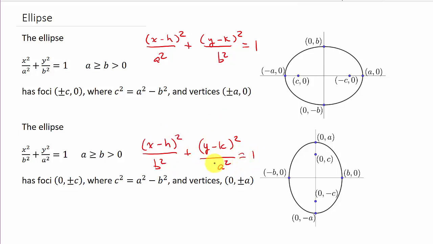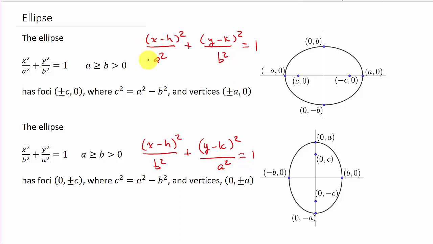So this is what you're going to have to pay attention to. You'll have to really watch that to get the center, and know which way the major axis is. We look for the larger number.